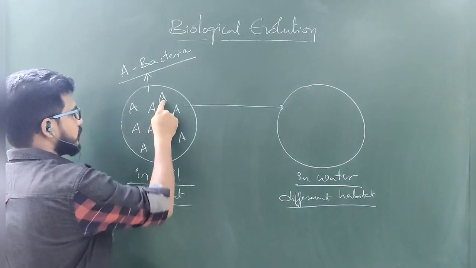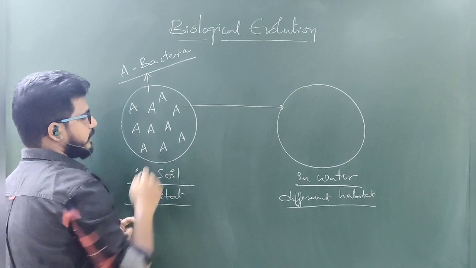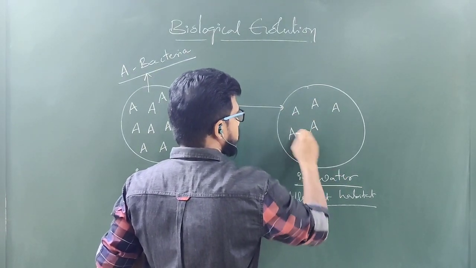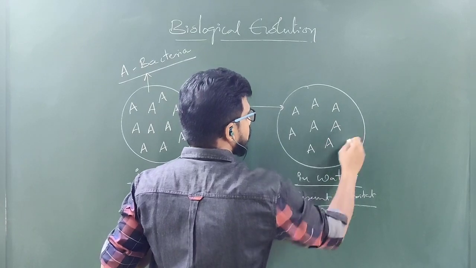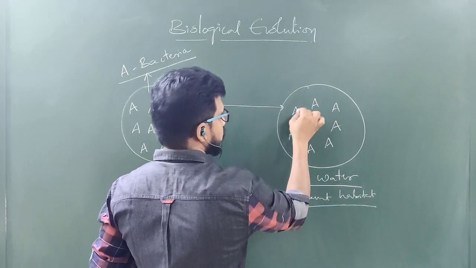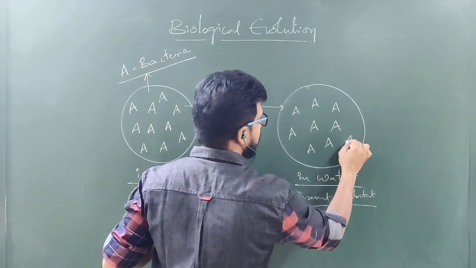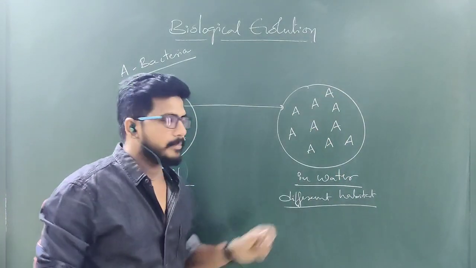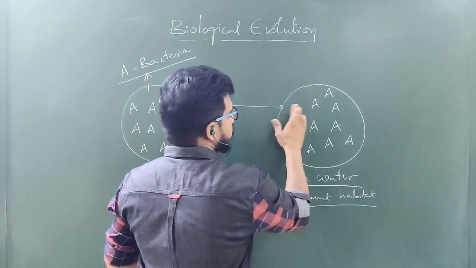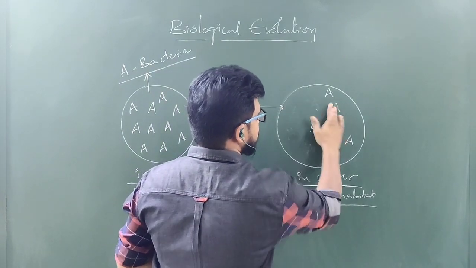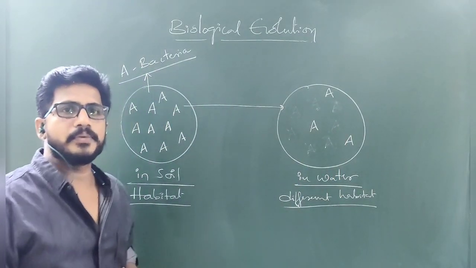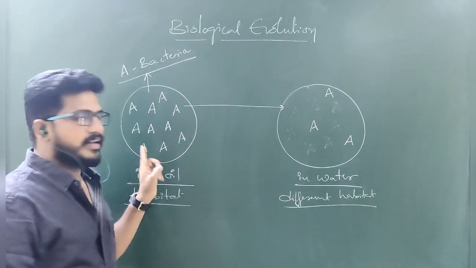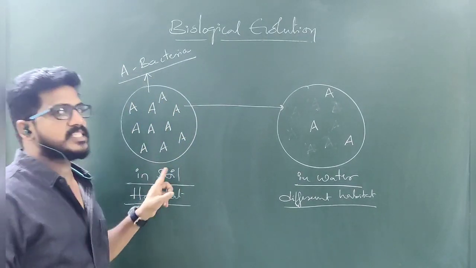So take 10 bacteria: 1, 2, 3, 4, 5, 6, 7, 8, 9, 10. Ten were shifted from soil to water. When you shift them immediately, 7 of them died due to the unfavorable conditions, because they were very comfortably living as their habitat is soil.